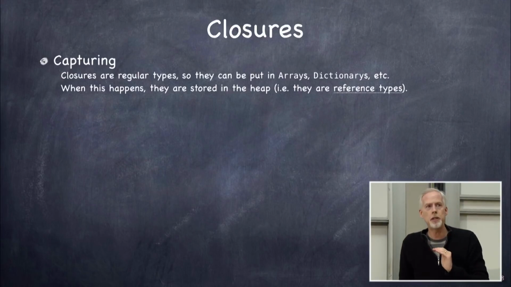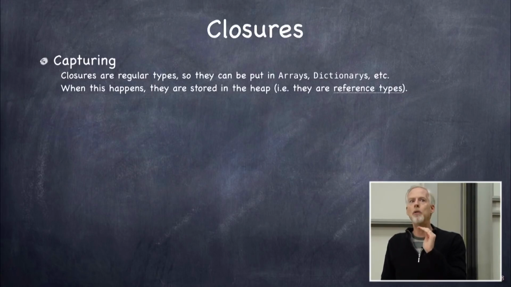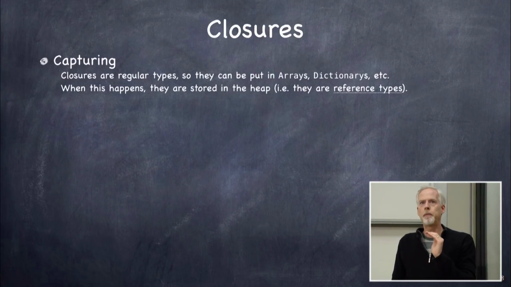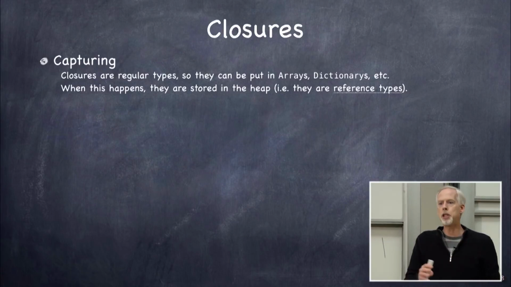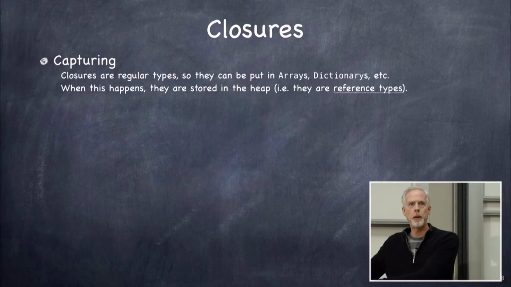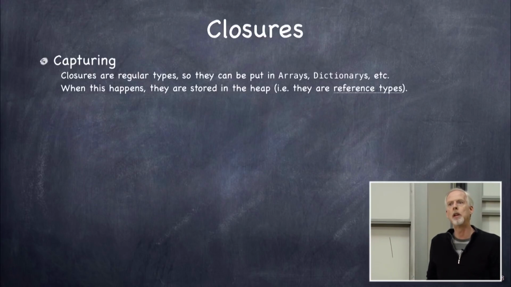What this means, though, since closures are types and they can be put in arrays and dictionaries, is that closures are reference types. There's only 2 reference types in Swift, classes and closures. So what does that mean? It means this closure gets put in the heap if you put it in an array. So that array actually has pointers to this closure.